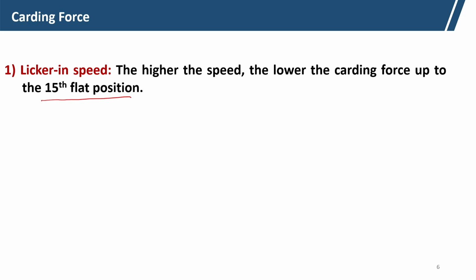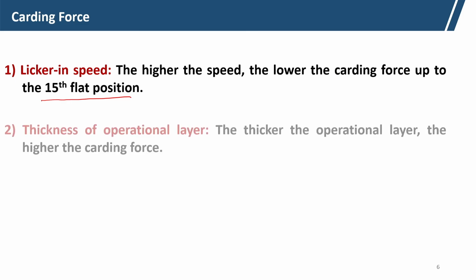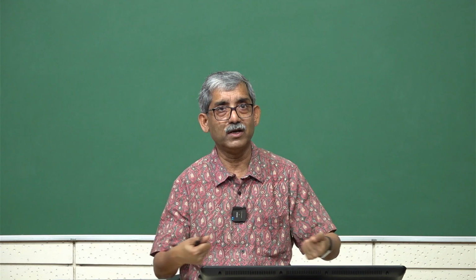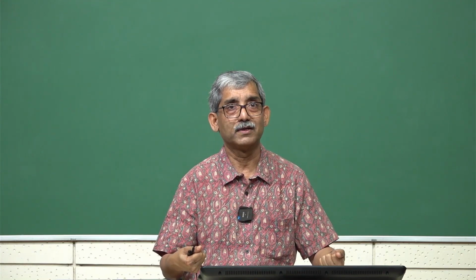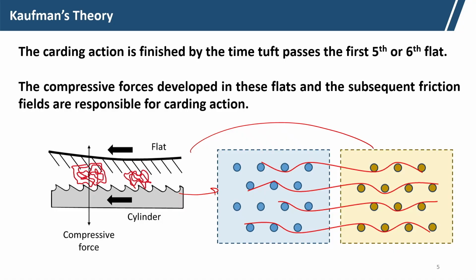Why? Higher Licker-in speed means the fibers get opened. What is carding force? During the movement through the cylinder surface and flat surface, it needs a force to actually open up the fiber. The force required during this action is called carding force.